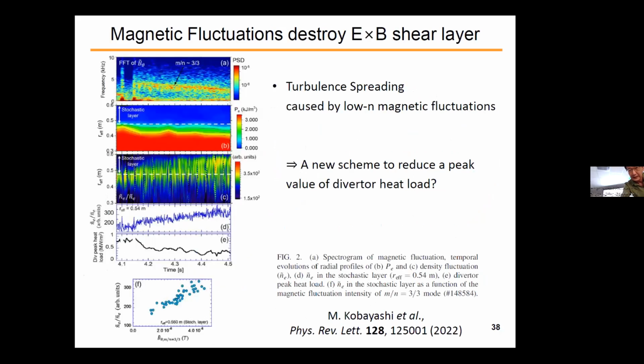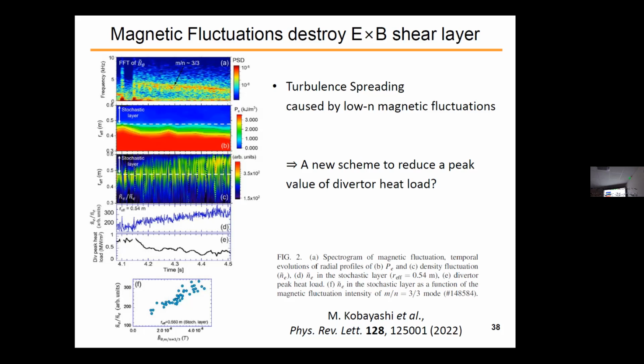And also there was lots of discussion about turbulence spreading into the stochastic layer and how that might affect the divertor heat load and things like that.